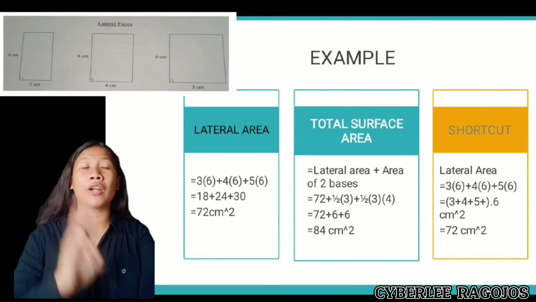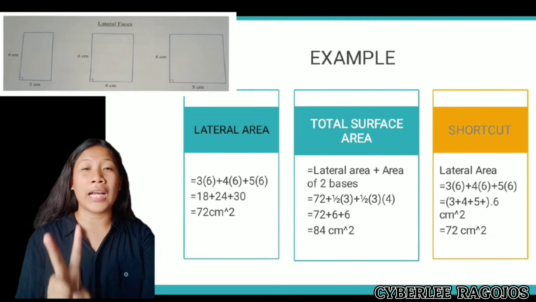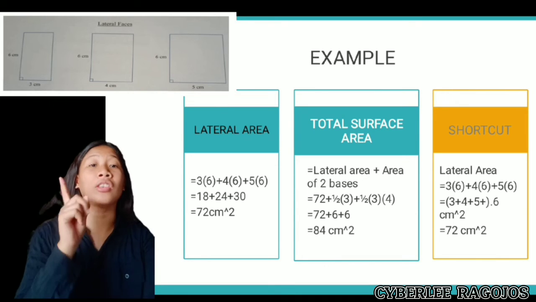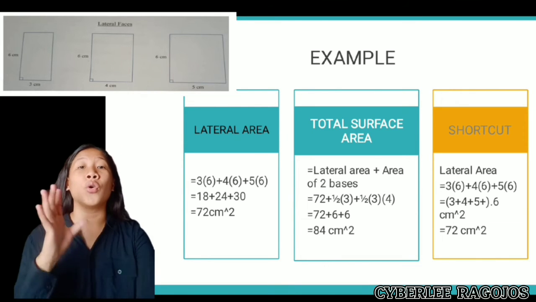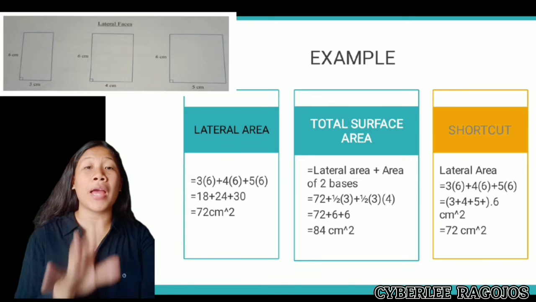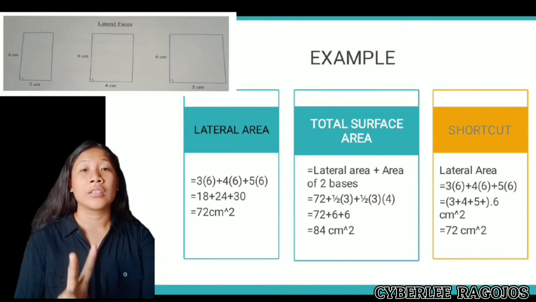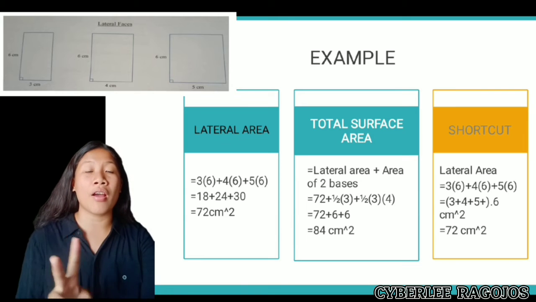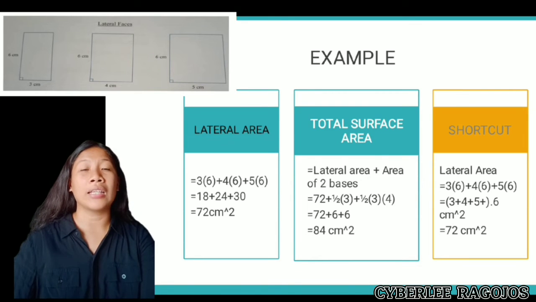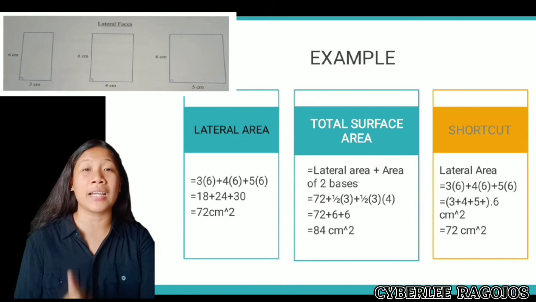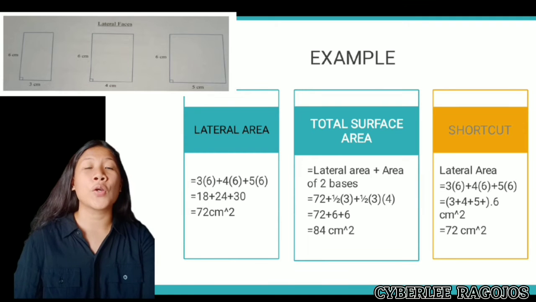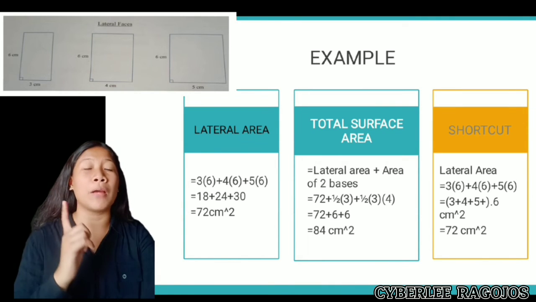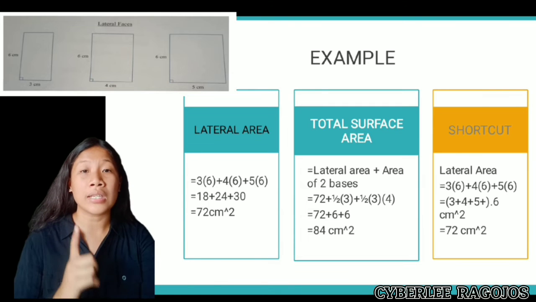Diba meron tayong dalawang triangle na pinagkuhanan na siyang base niya at yun yung 3 at 4. So, kukunin natin yung base niya at meron siyang 1/2 sa isang base at 1/2 din sa isang base. So, dalawang 1/2 yung ilalagay natin at imumultiply natin sa base na 3 at 4. So, yung 1/2 multiplied by 3 and multiplied by 4 is equals to 6.